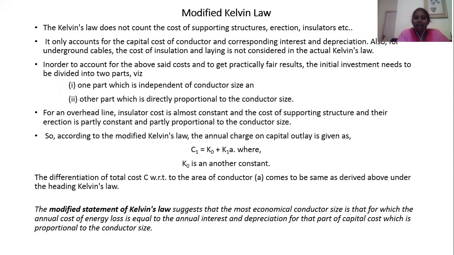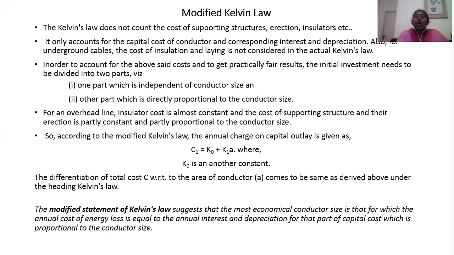Taking this as a point, the modified Kelvin's law can be given with two total charges. The annual charge on the capital layout is given as C1 equal to K0 plus K1A. Here K0 involves the insulator cost, which is a constant, as well as the supporting structure and erection cost, which is partly constant.